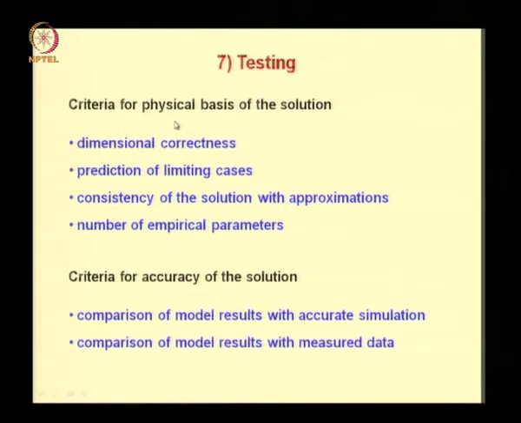The criteria for physical basis were dimensional correctness, prediction of limiting cases, consistency of solution with approximations and number of empirical parameters, while those for accuracy of the solution were comparison of the model with accurate simulation and measured data, comparison with measured data being the ultimate test of a model.